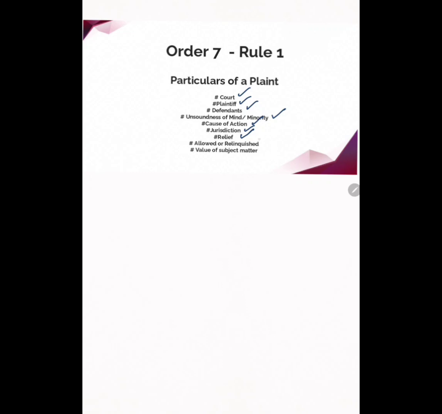The amount thus waived or allowed has to be mentioned in the plaint, and also the value of the subject matter for the purpose of jurisdiction and monetary purposes, etc. Now, these are the essentials that are to be included in the plaint.